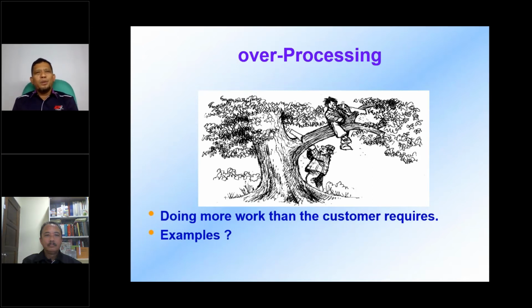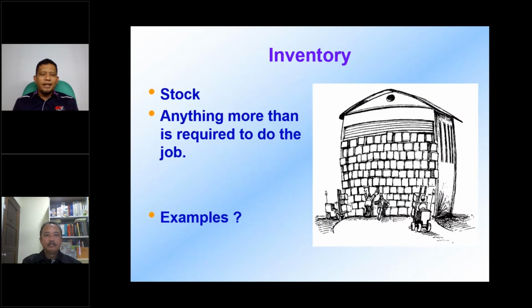Because they had a quality problem. Why? Because our reactor is too big. So at the end, they thought their reactor was efficient, but actually they were not making money. They were losing. That's why the company had to cease operation. Over processing is one of it. Inventory, of course, when you have a big plant, big operations, you have more stock.